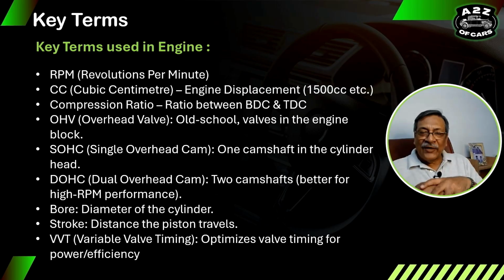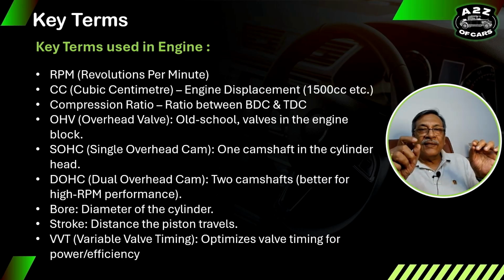There are manufacturers who are still using single overhead camshaft, but most of the manufacturers have switched over to dual overhead camshaft. Like we saw in the earlier slides, that camshaft is used for opening and closing of the valves.